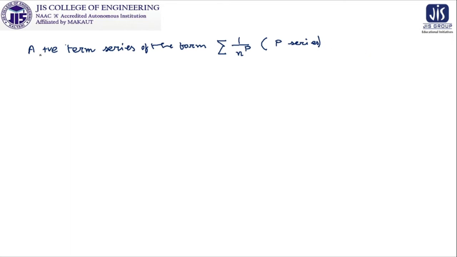It will be convergent if p is greater than 1, and it will be divergent for the remaining cases, that is, p is less than or equal to 1.